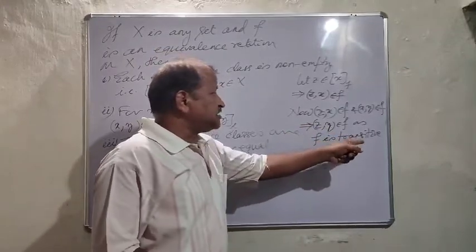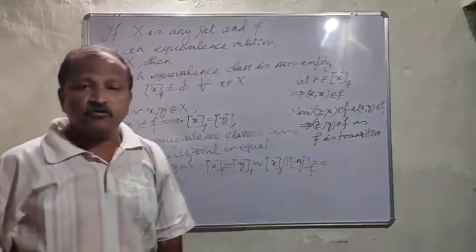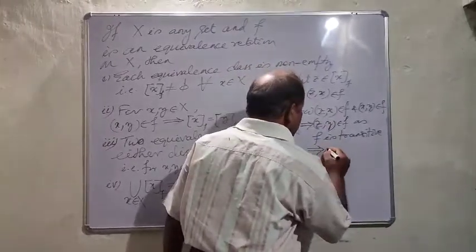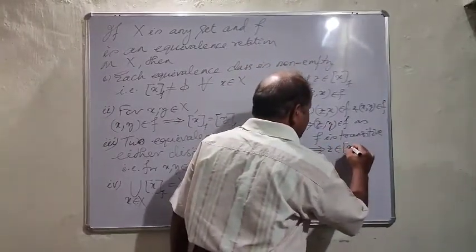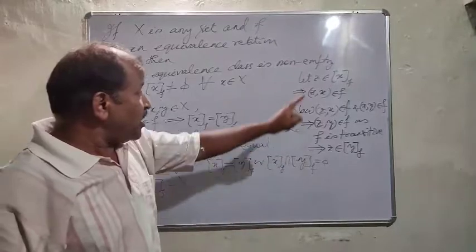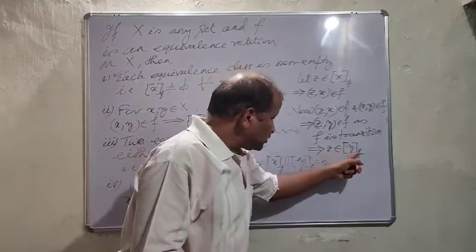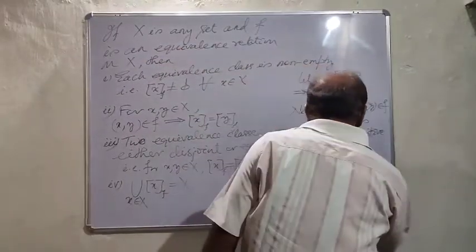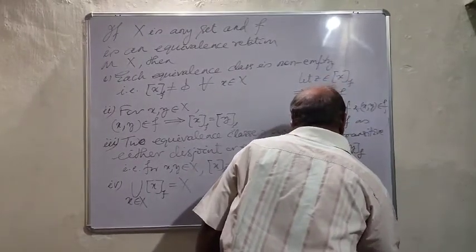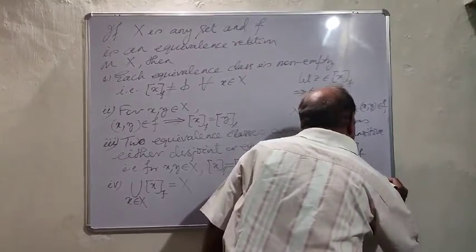So since it is transitive, z related to x and x related to y means z must be related to y. And this implies z is eligible to be in the equivalence class of y. We have taken z in the equivalence class of x and seen that it is also in the equivalence class of y. Thus, z belongs to equivalence class of x implies z belongs to the equivalence class of y.